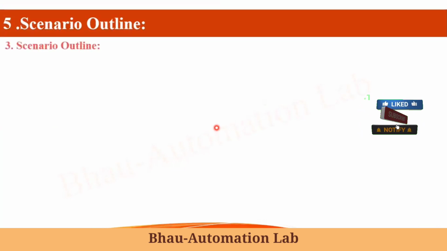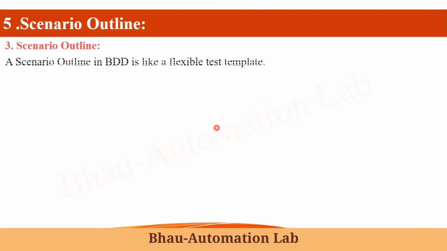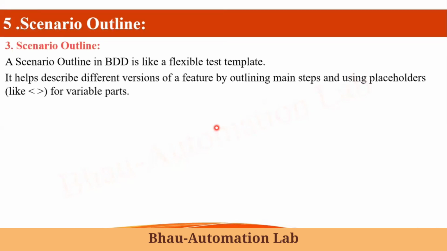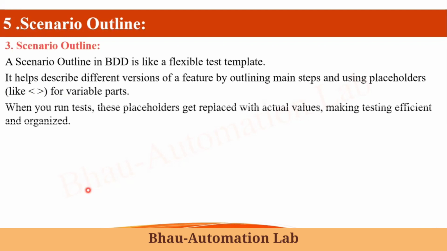First of all, let's understand what is meant by scenario outline. A scenario outline in BDD is like a flexible test template. It's very flexible and it helps to describe different versions, outlining main steps and using placeholders, like the open and close brackets, for variable parts. When you run the test, the placeholder gets replaced with the actual value, making the testing efficient and organized.